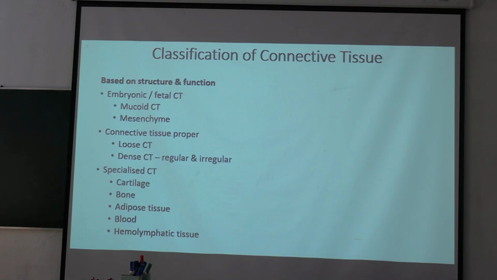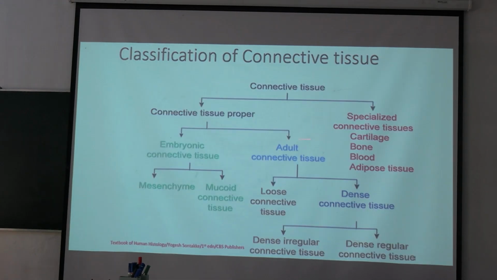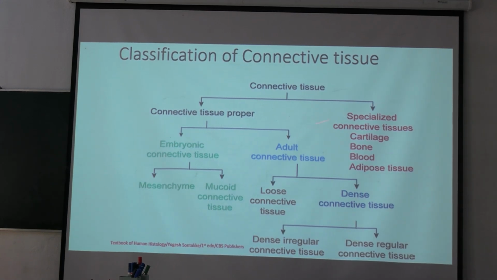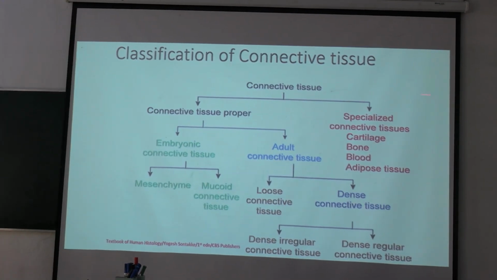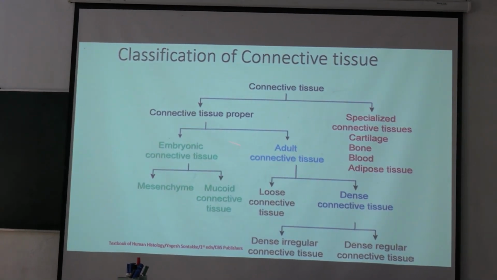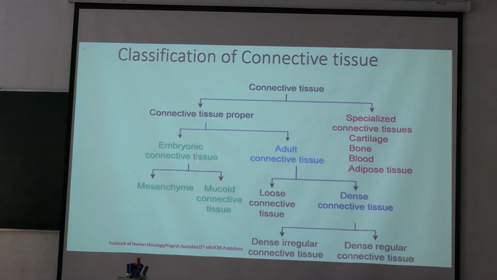And these are the specialized connective tissues: cartilage, bone, adipose tissue, blood and hemolymphatic tissue. So connective tissue is divided into connective tissue proper and specialized connective tissues. Connective tissue proper is again divided into embryonic connective tissue and adult connective tissue.